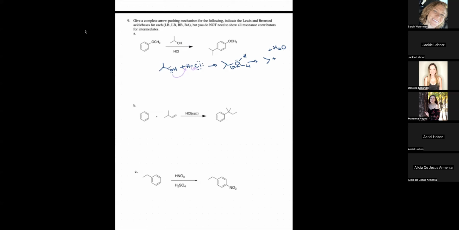And then, oops, I was supposed to be doing these curved arrows in purple, sorry about that. And then don't forget to label Lewis base, Bronsted base, Lewis acid, Bronsted acid. I don't know if she takes off points for not labeling that stuff, but Dr. Pillai definitely did, as some of you might have remembered.